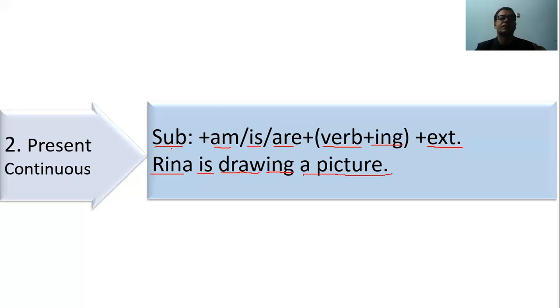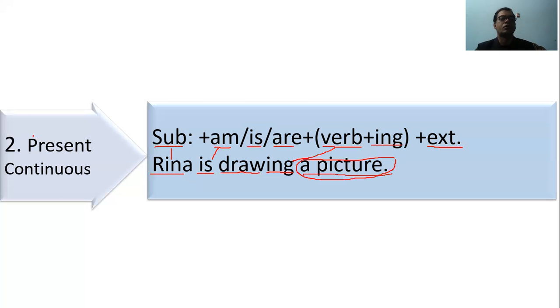So subject Rina, am is are auxiliary verb, base form verb with ing, drawing, and an object or extension, a picture. So I hope you are able to learn this structure with an example easily.